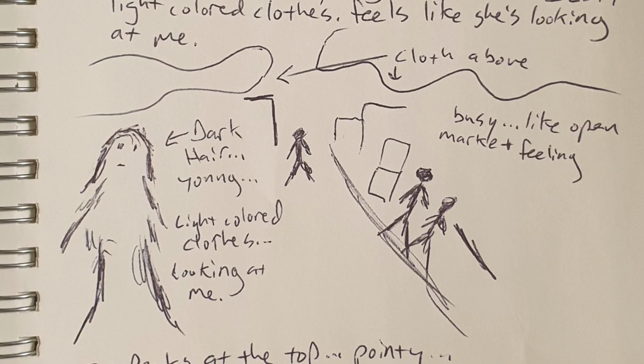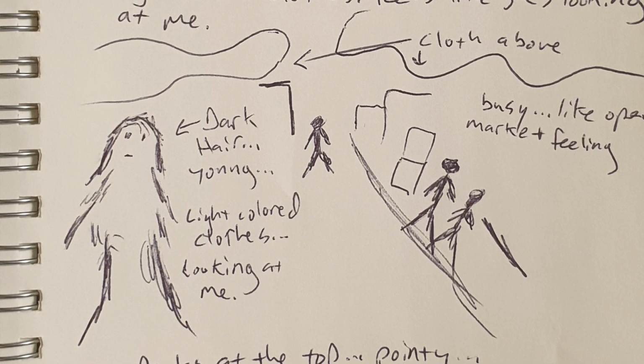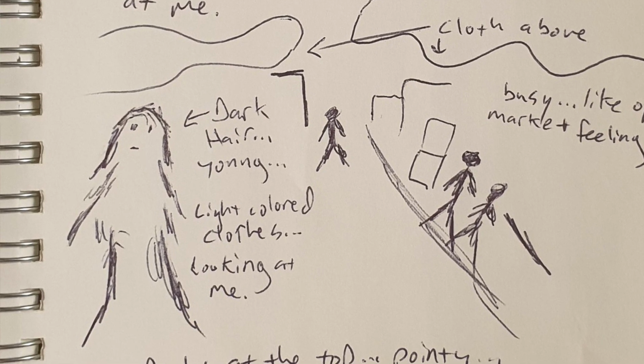But there was some sort of a lightness hanging in the air above them, something light. And then I had this very strange impression of a girl who was front and center staring at me on the left side. I have no idea what that is. She's not in the image. I don't know why she was there.